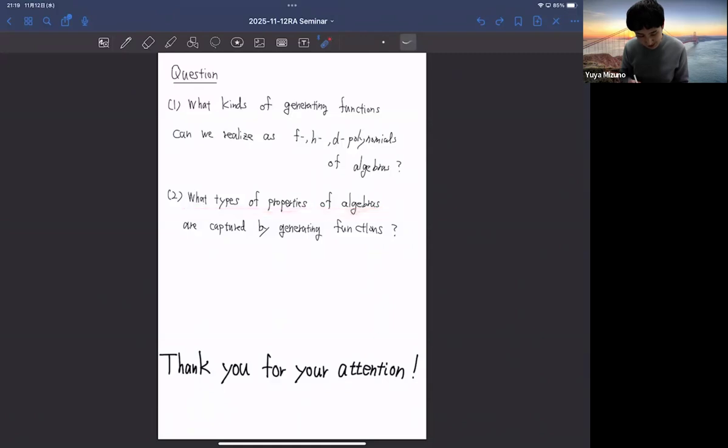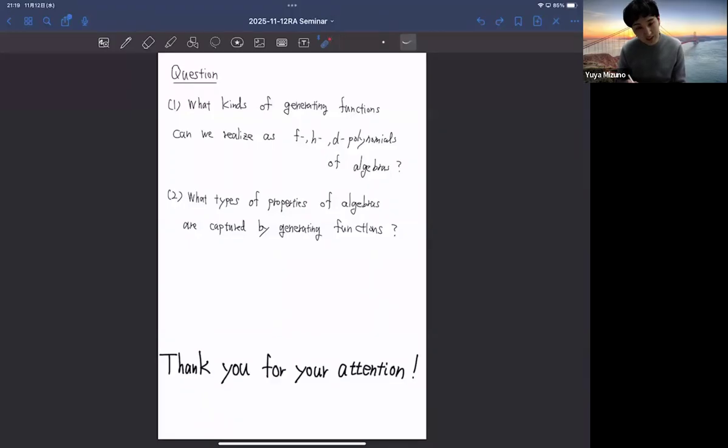Another question is, what type of properties of algebras are captured by generating functions? As I said, for preprojective algebras, we get nice generating functions, and in the case of path algebras, we can also get beautiful generating functions. But in the case of preprojective algebras, we get exponential generating functions, while in the case of path algebras, just usual generating functions.